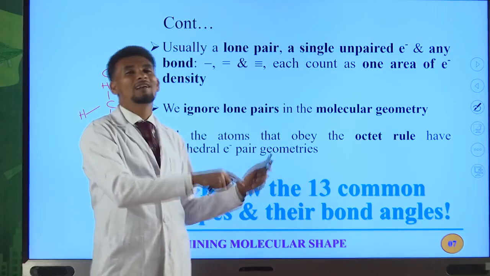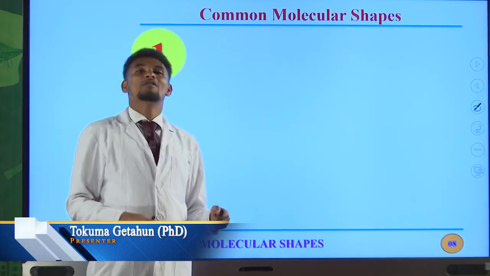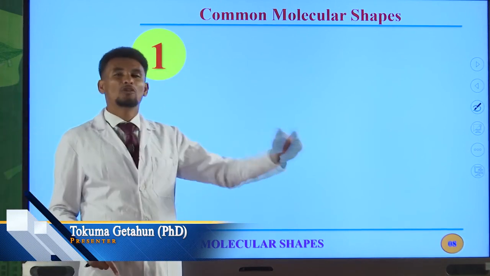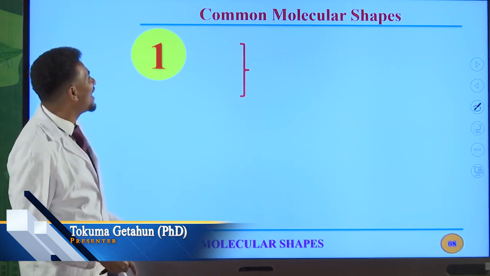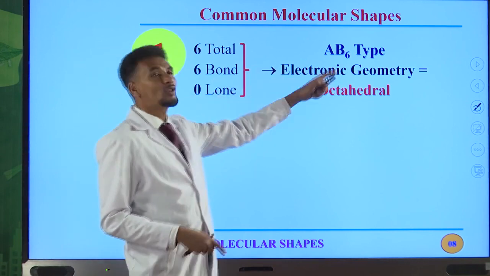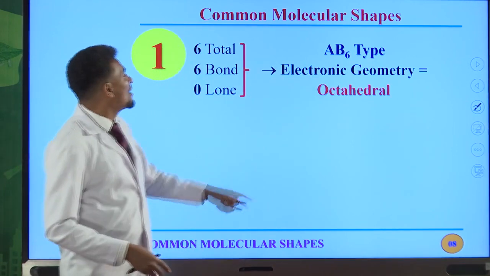So I will tell you this one by one, and let us start from the larger molecule, in which the central atom has an expanded octet. For example, these molecules are AB6 type. In this AB6 type, we have 6 pairs of bonding electrons.